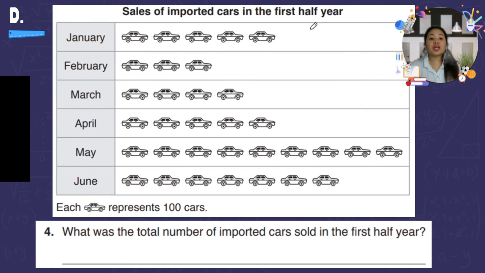So you multiply that by 100. So 100 times 33. So you do like this.